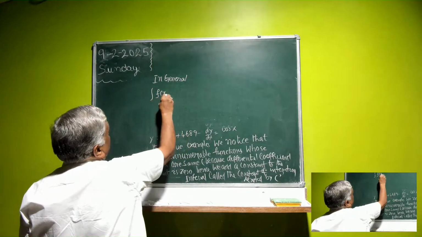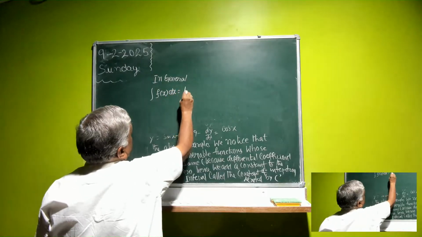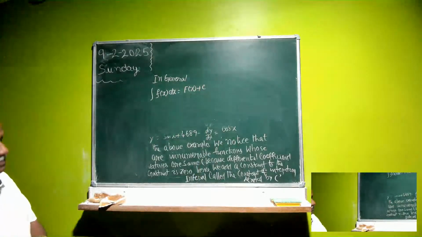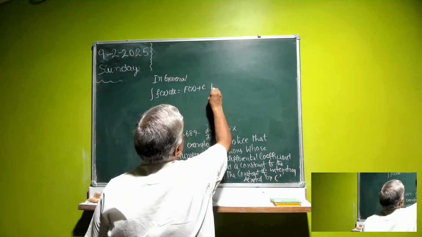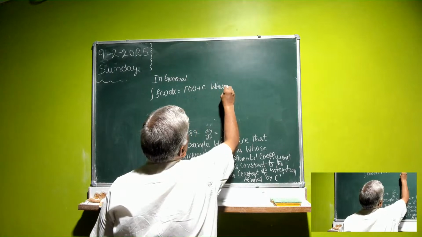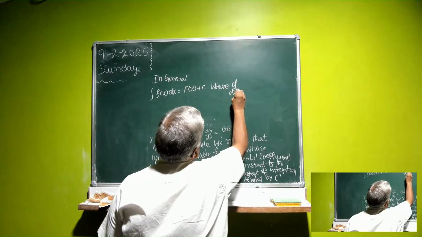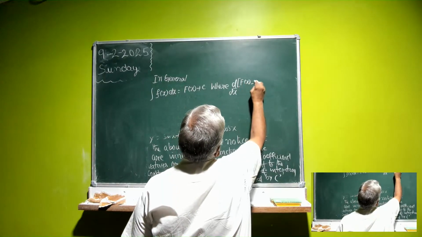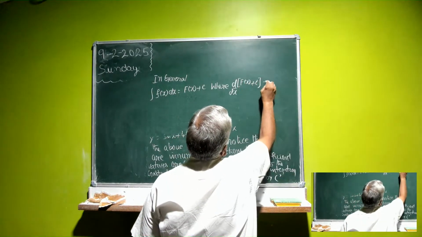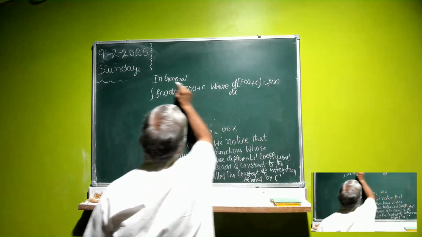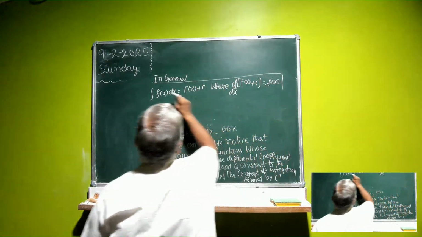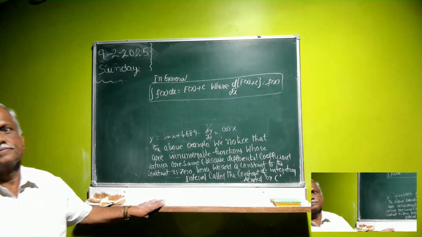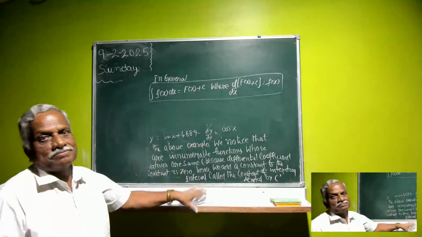Integral of f of x dx is not just capital F x, it is capital F x plus c, where d by dx of capital F x plus c is equal to small f(x). So this is the final thing.